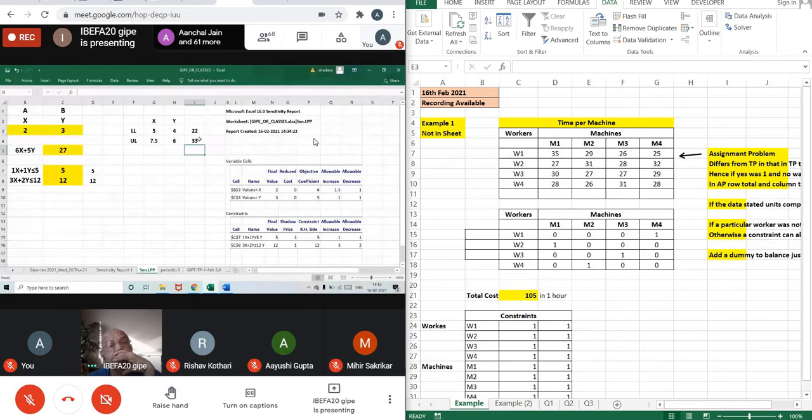Attentive, please. So, based on the given resources 5 and 12, the possible maximum profit will be 33 if you increase the profits to 7.5 and 6. Is that clear?